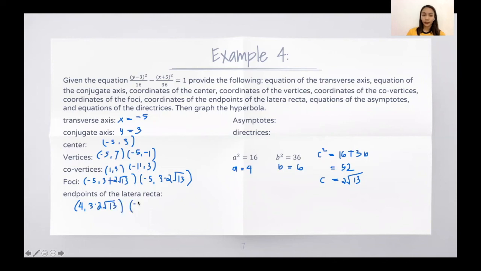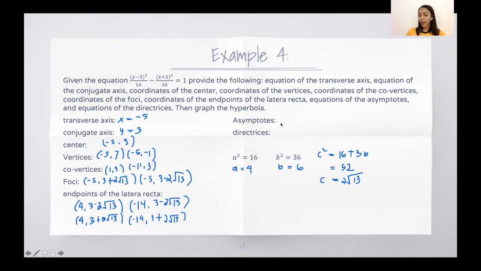Next, negative 14, 3 minus 2 the square root of 13. And then, next, we have 4, 3 plus 2 the square root of 13, and negative 14, 3 plus 2 the square root of 13.